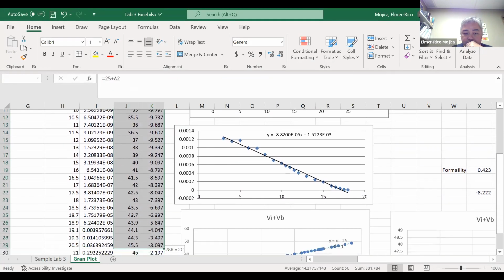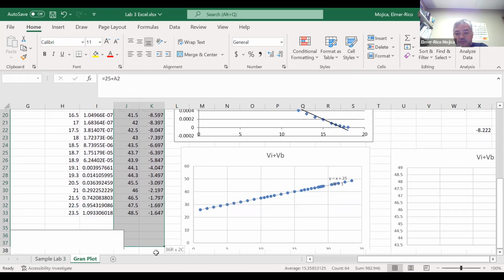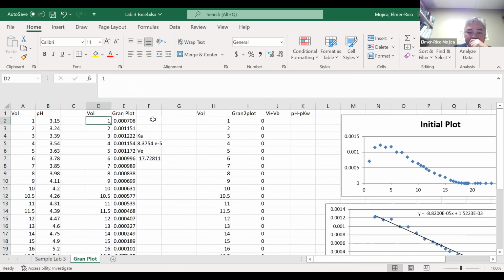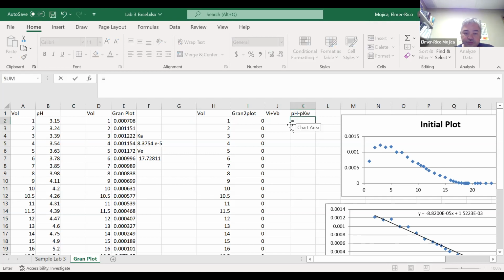Okay, so I put in some stuff here already, but we can start from scratch. So pH minus pKW. You have here the pH, equals pH minus 13.997.